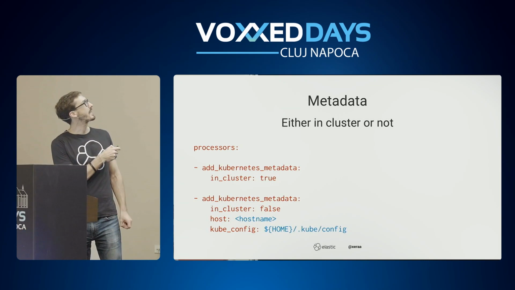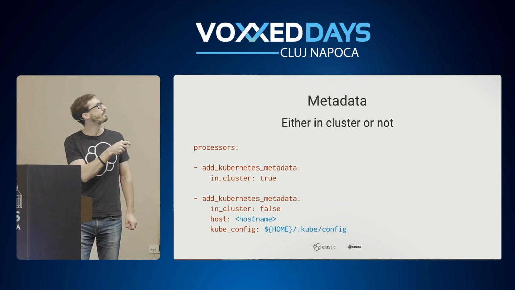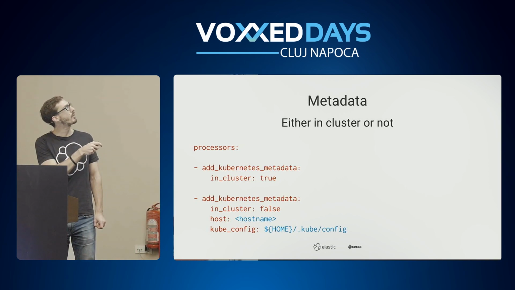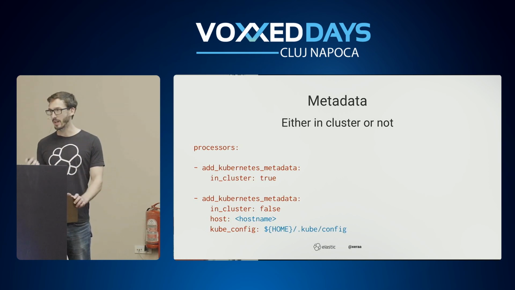And that would look like this second example. So here you need to pick either this one or this one. This one if Filebeat runs as part of the Kubernetes cluster, this one if you don't. And here you basically say, okay, this is the host I want to connect to, and that is the kube config I want to use. And then you can basically query the Kubernetes API to get additional metadata.